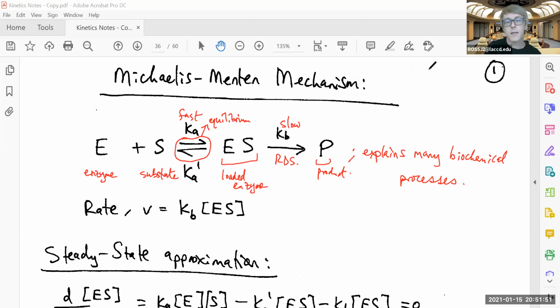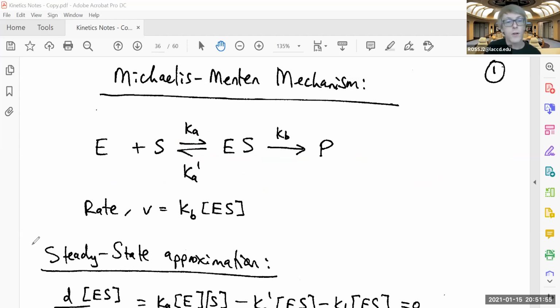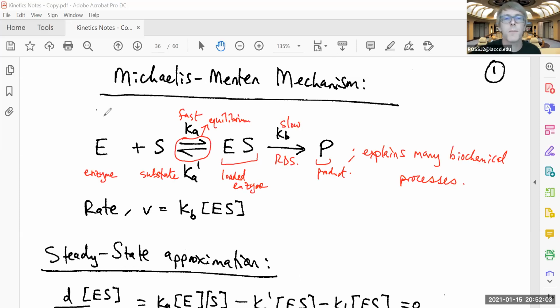Okay, so let's look at the steady state approximation here. First of all, we know that the rate or the velocity of the reaction, so let me get all my annotations back, I wasn't ready to get rid of them yet. Rate in Michaelis-Menten kinetics is often called V, so you can think of V as velocity of reaction.